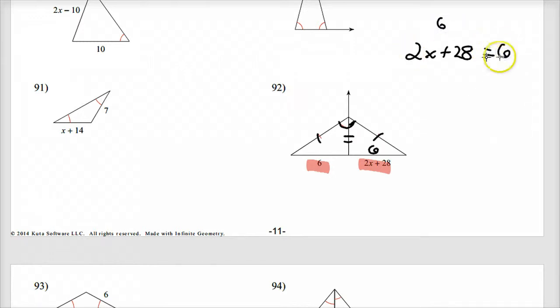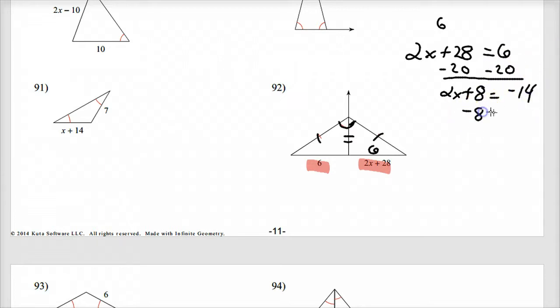So if I just do some algebra here where I set the two pieces equal to each other, let's see what happens. All right, so I'm going to first subtract 20. So if I were to subtract 20, I would have 2x plus 8 equals, then over on this side negative 14. I'm going to subtract 8 more.